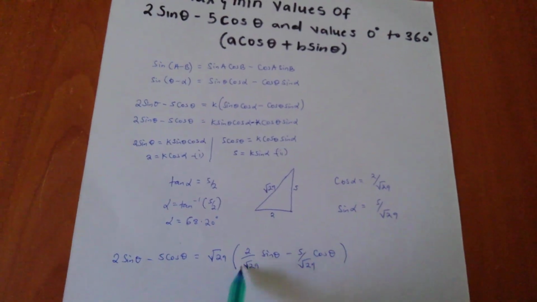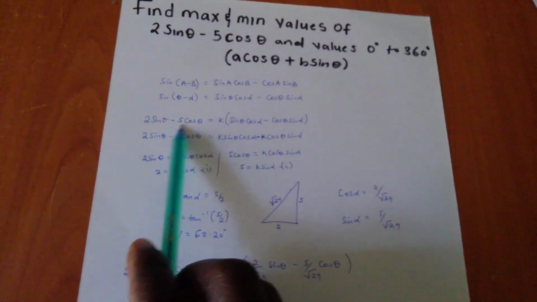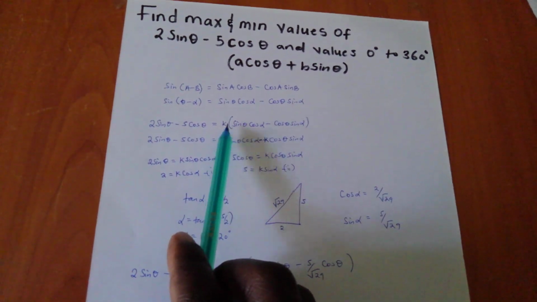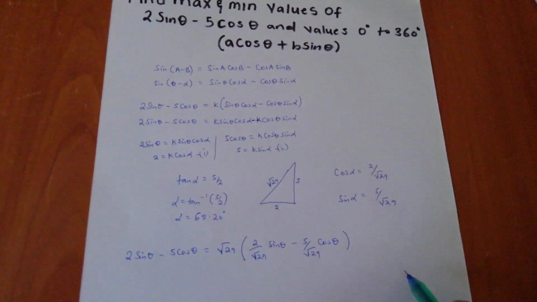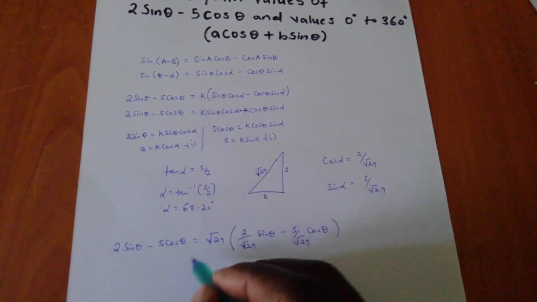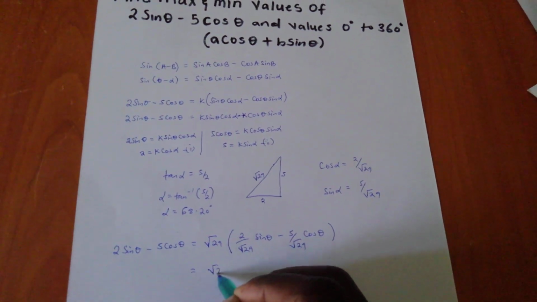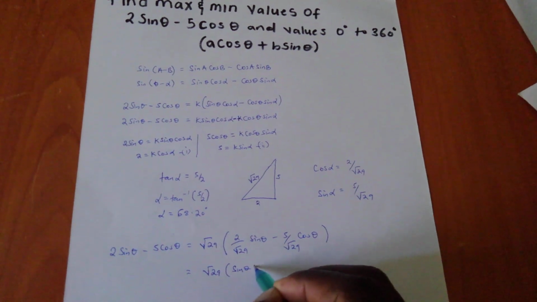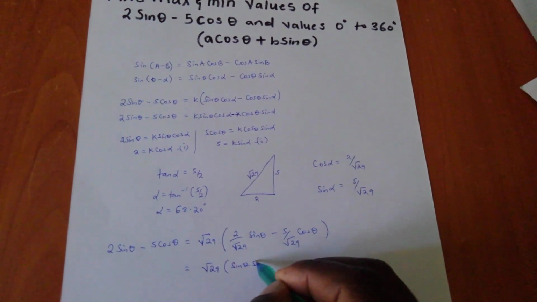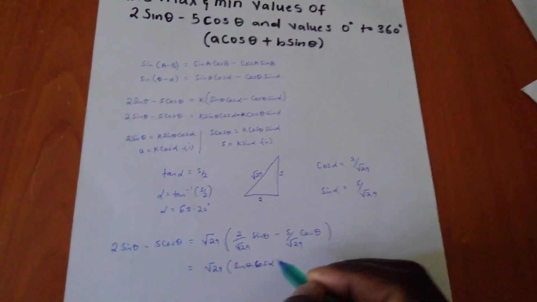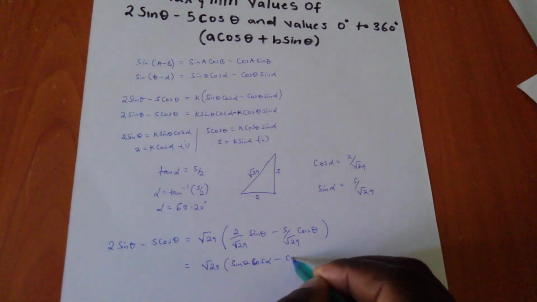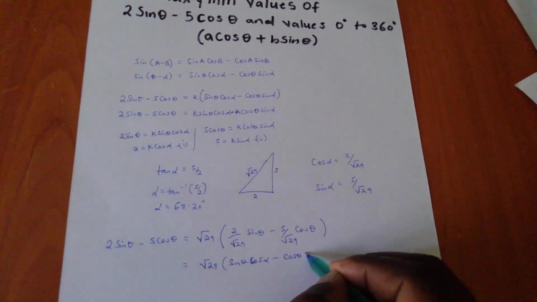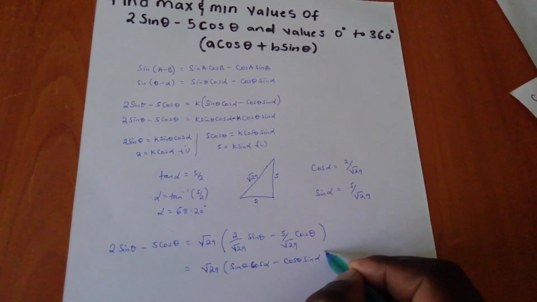Now this one, I'm following this with the k having it already. So this one was the same as root 29 of sine theta cos alpha minus cos theta sine alpha.